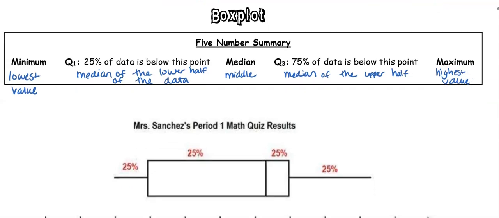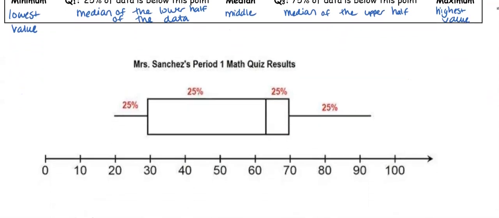So if we look at a box plot that is already created for us, I always have these on the end. The minimum is your lowest value. So if I'm looking here, my minimum value is 20. This right here is going to be my Q1. That is the middle of the lower half of my data.